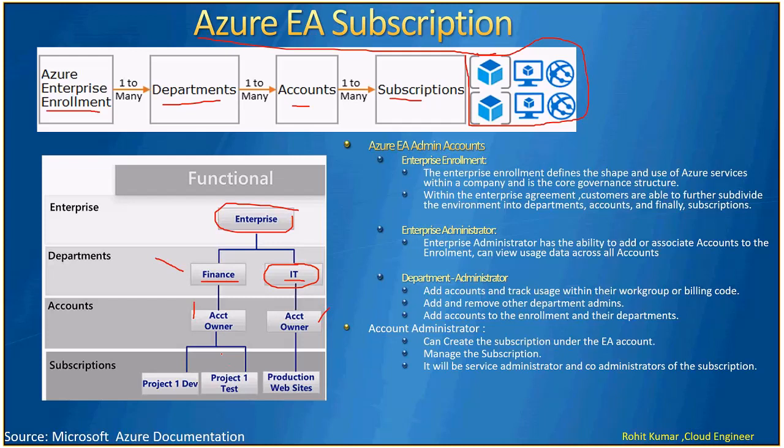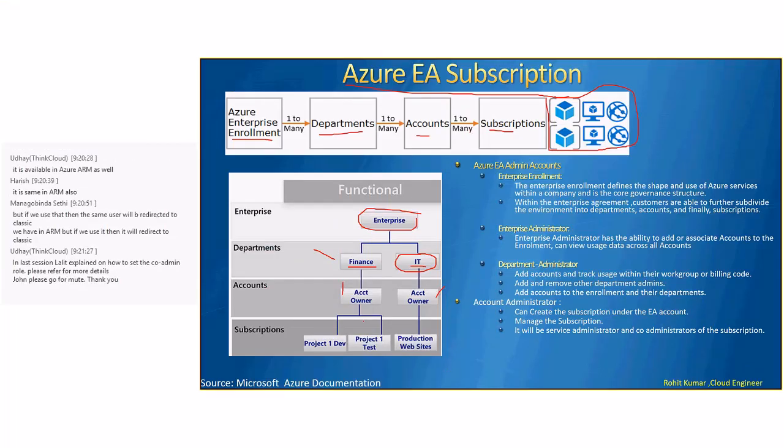So basically he has all the rights that an administrator has, but he cannot delete the subscription, he cannot cancel the subscription, and the co-administrator cannot change any account related details at all. So these rights will not be there. This can be done by either your account administrator or the service administrator.